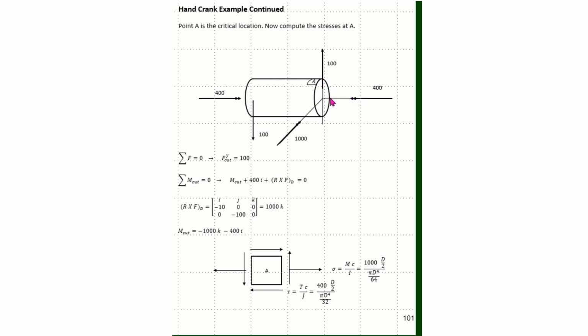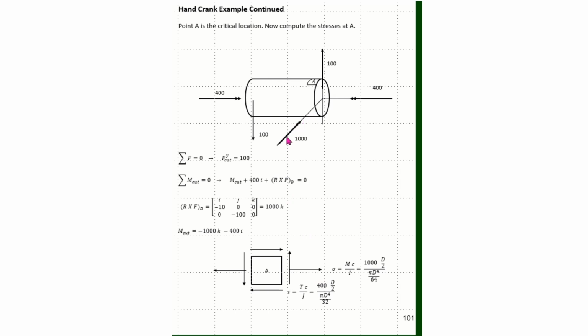This 400 will cause a torque, so TC over J, and it's going around the axis in this direction, and so on the cut edge this arrow will be going up. This arrow here is given by my fingers curling around this axis on this cut edge, and the torque is TC over J, where the torque is 400.